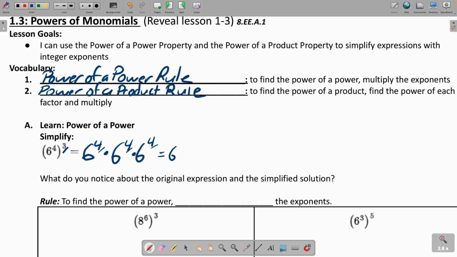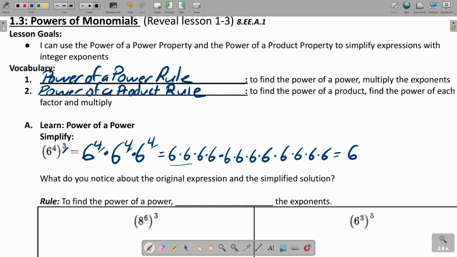So I'd have 6, 6, 6, 6 for the first 4, I have my second 4, my third 4. So then to figure out the answer, I can count how many 6s there are.